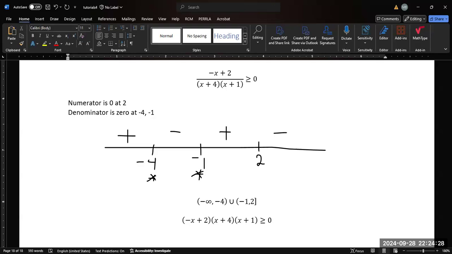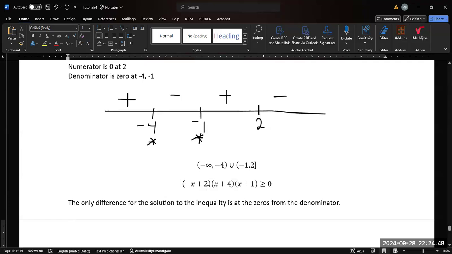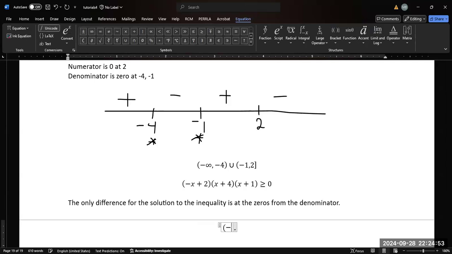Now, the only difference for the solution to the inequality is at the zeros from the denominator. So if I were to find the solution to this, the solution here would be -infinity to -4 included, union -1 to 2 included.